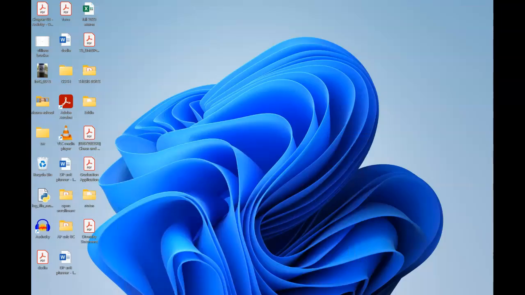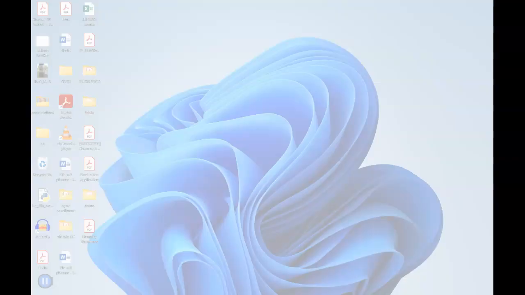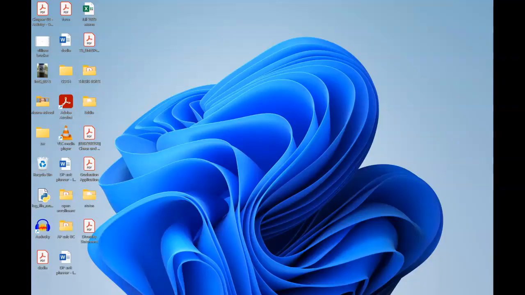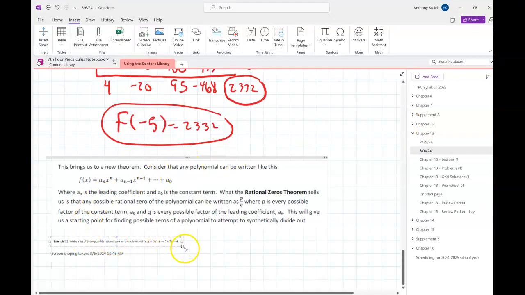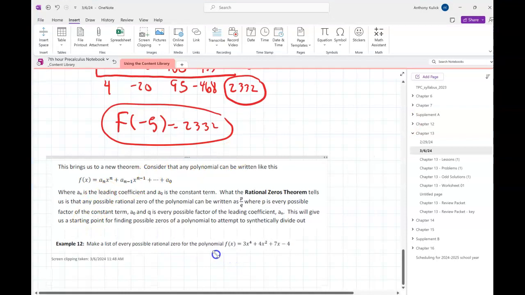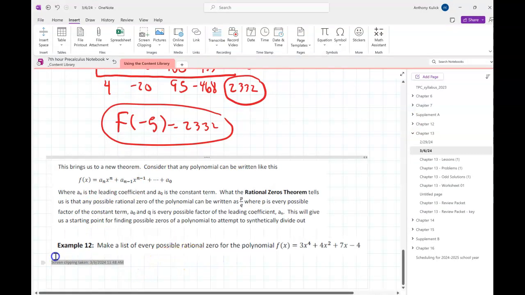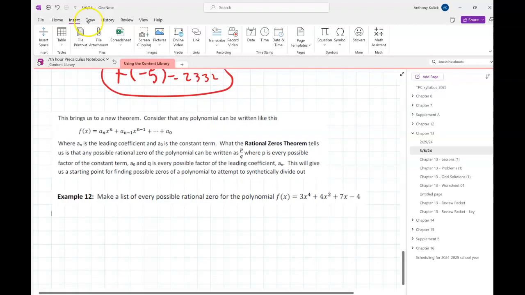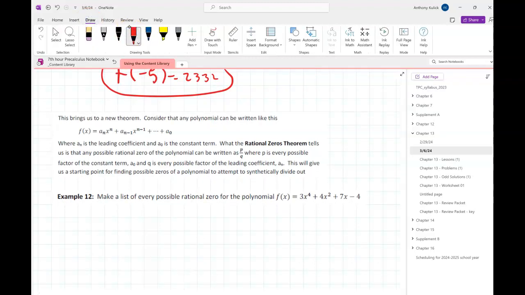Let's do an example to illustrate the point here. It says make a list of every possible rational zero for the polynomial f of x equals 3x to the fourth plus 4x squared plus 7x minus 4.